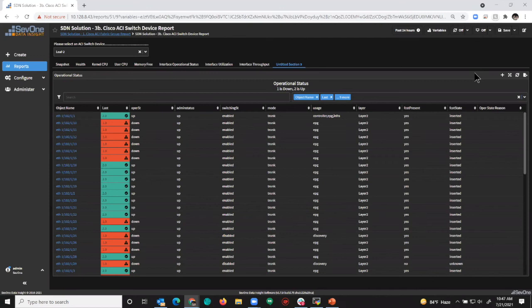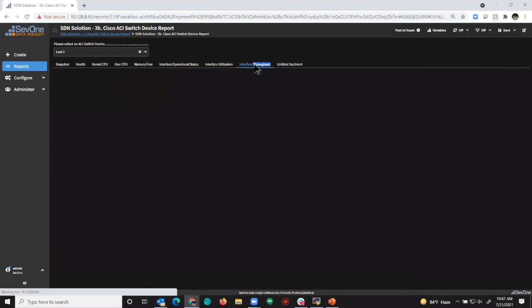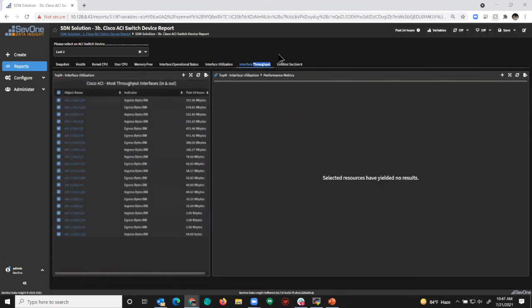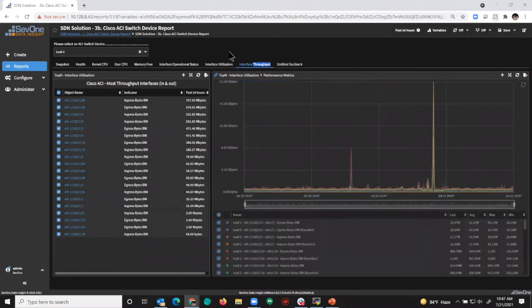This gives you a better overview of what's going on with the interfaces and ports. The other thing is the throughput of the interfaces, obviously: which interface is using the most ingress and egress over time.